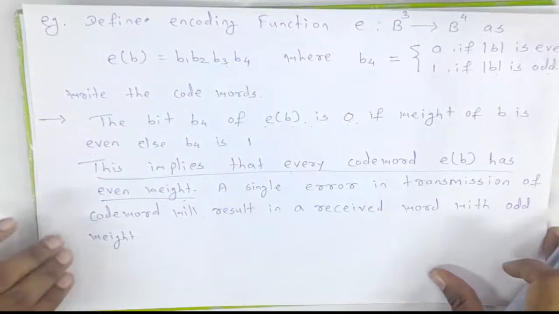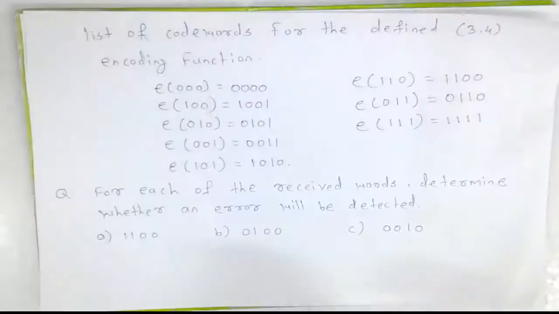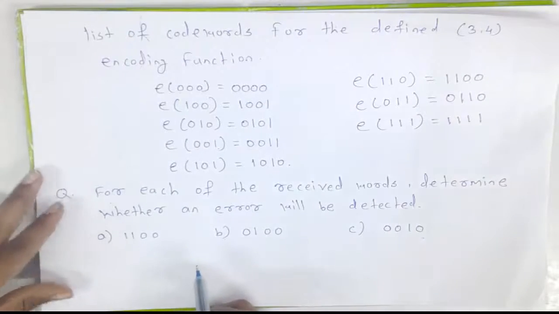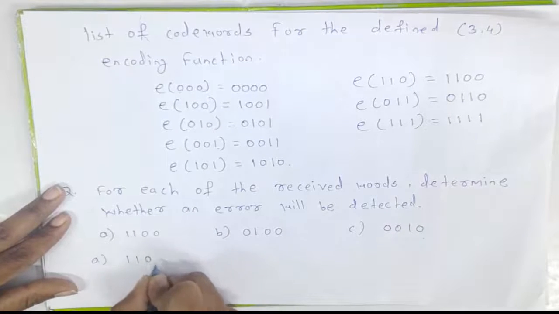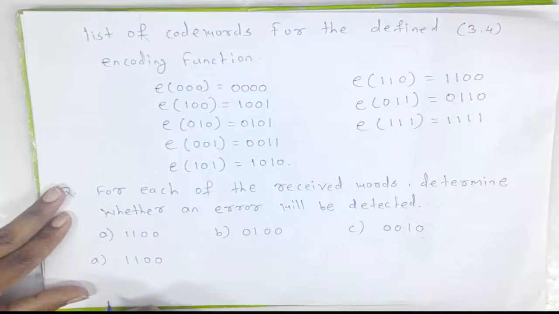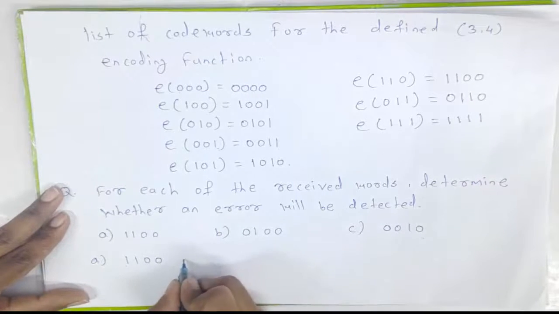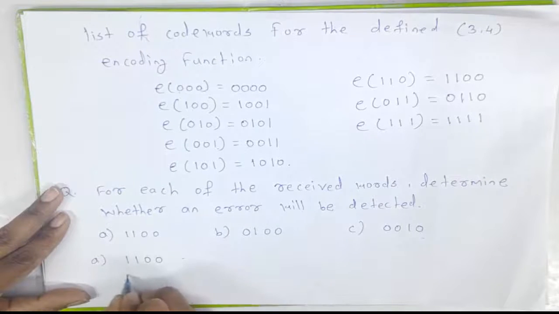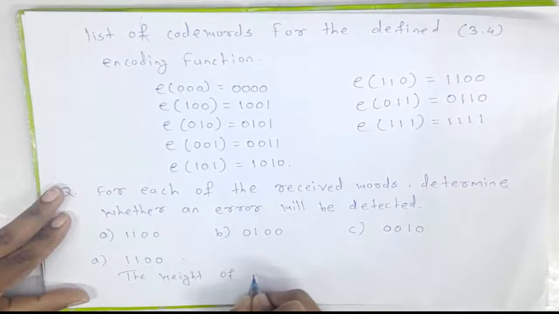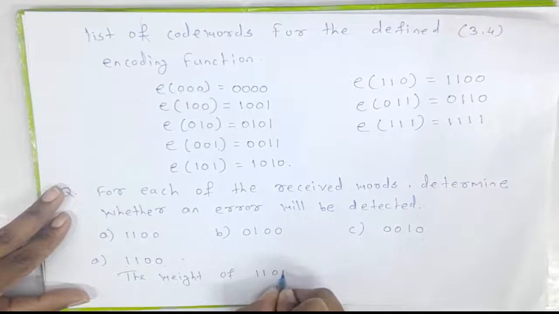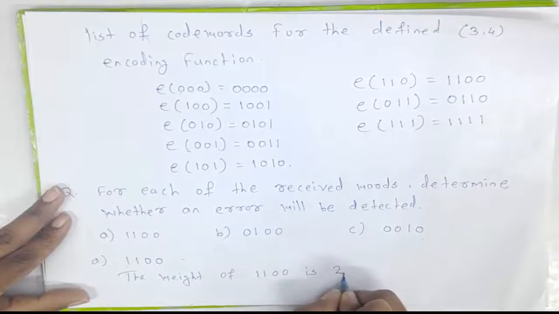Now see here, the first received word A is 1100. So first of all, we find the weight of this word, right? The weight of 1100 is 2.